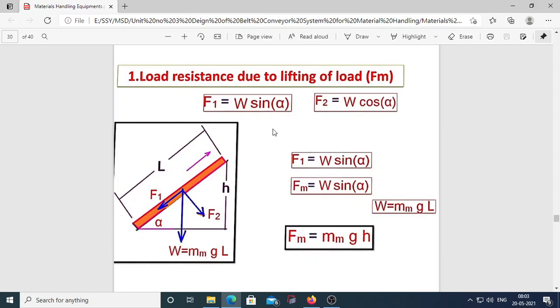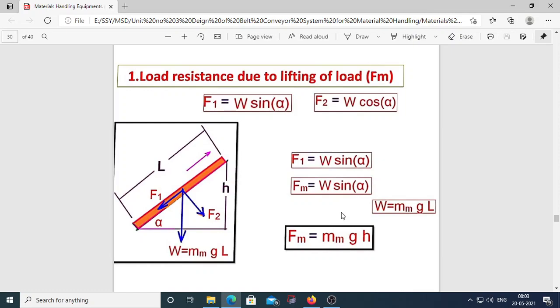F1 is equal to W sine alpha. In a similar way, we want to calculate Fm, which is the load resistance due to the lifting of the material through height H. Then you will get the same value: Fm is equal to W sine alpha. We know the value of W: W is equal to mm g L. Put this value in this equation.